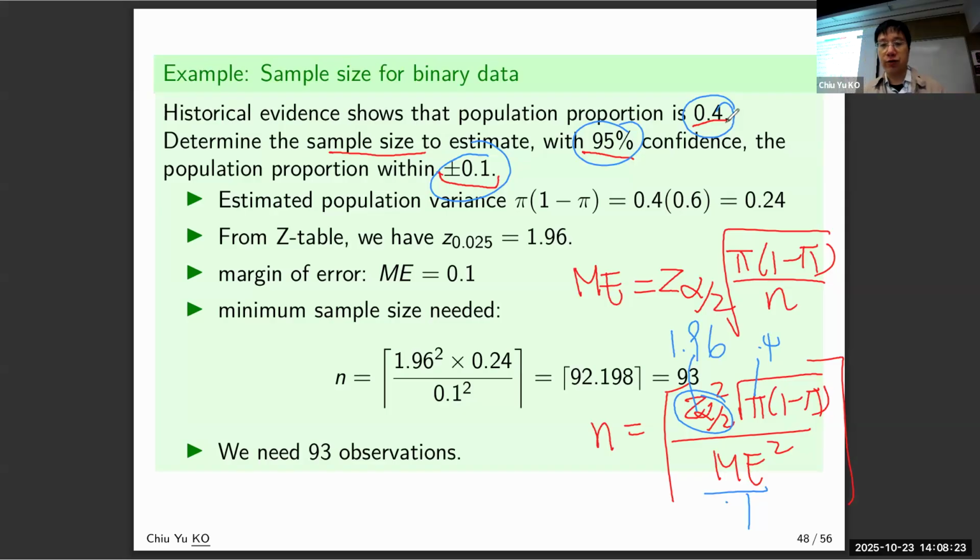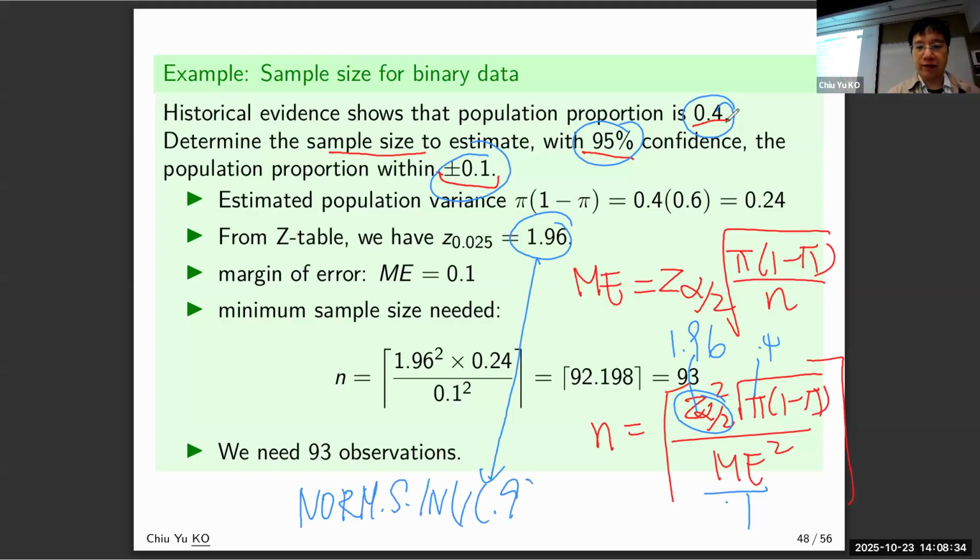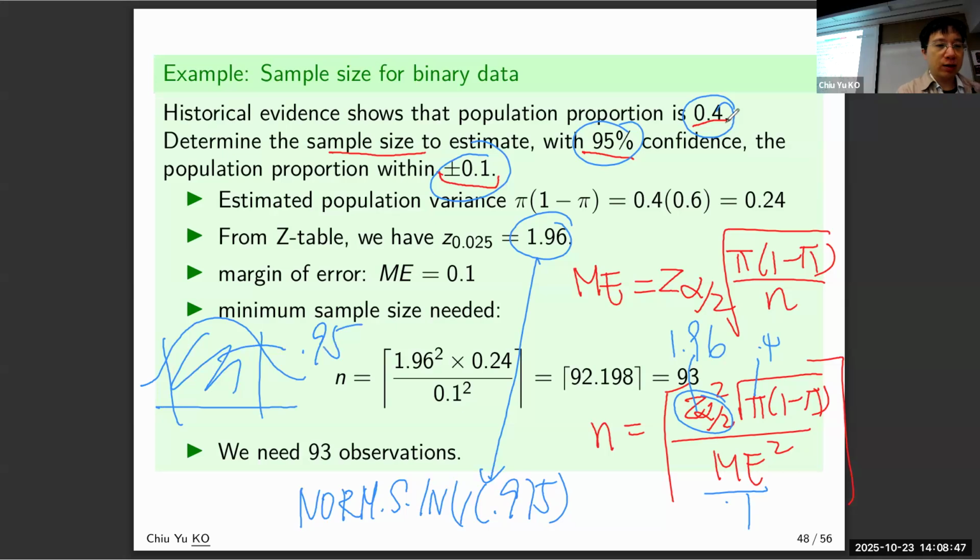Is that okay? Just to remind you how to get 1.96, it's just norm.s.inv of 0.975, right? Because 95% is in the middle. Why? Just to remind you again, why I do that. You want 95% in the middle, so it means that both ends must share 5%, so 0.025 on both sides.